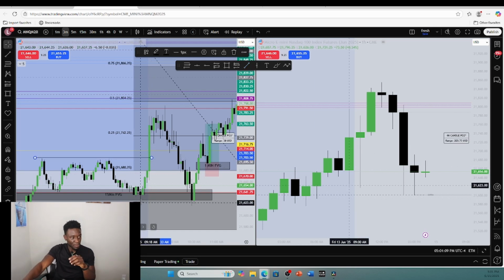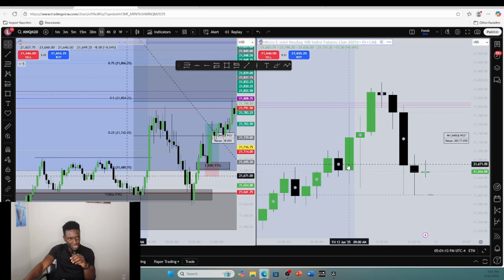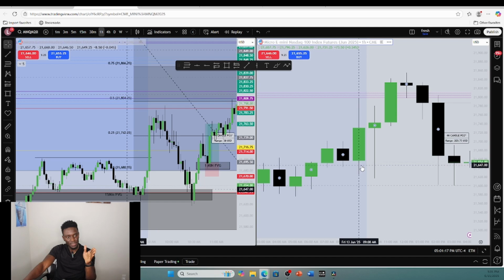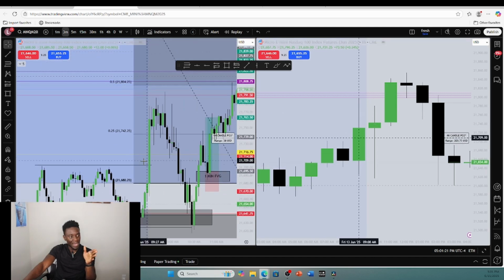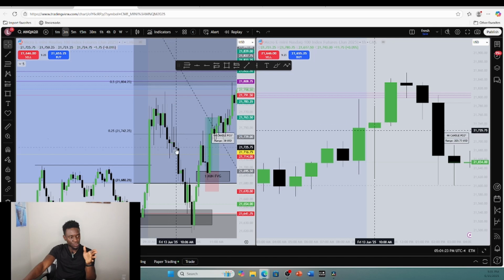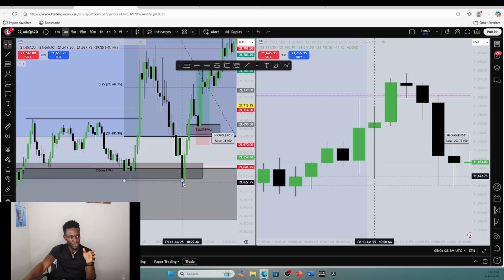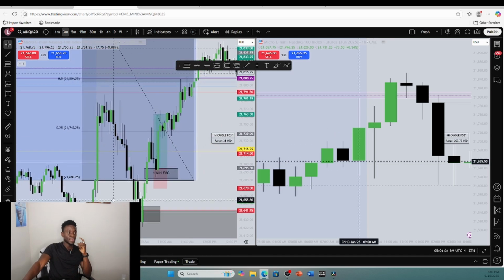And it grabbed the bottom liquidity of 9 a.m. As you can see, we're going to the right now. On the hourly chart, after grabbing the buy side liquidity, price returned and took sell side liquidity, right? Within that 1 hour, it did that. Okay, so you have to understand that.